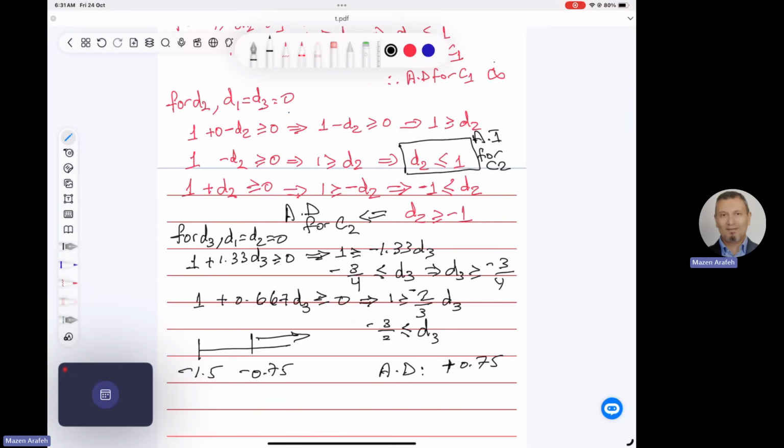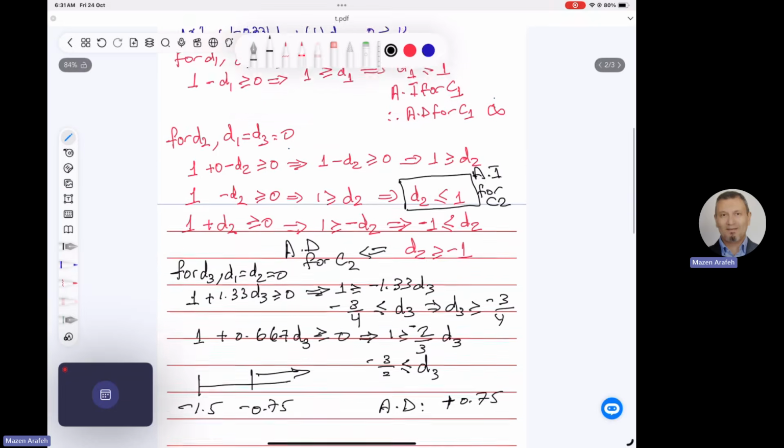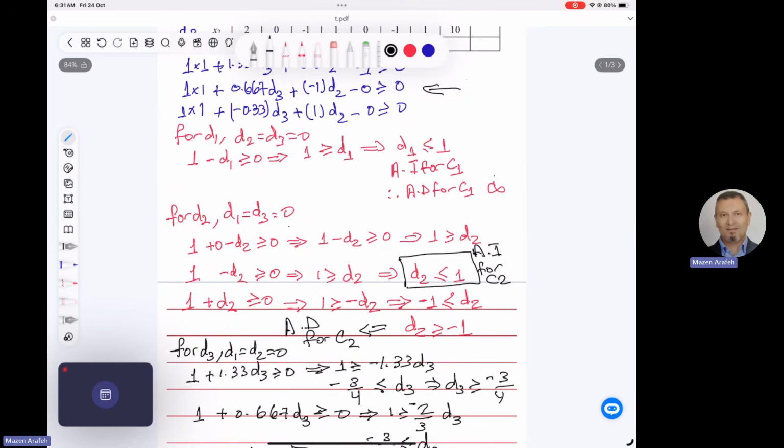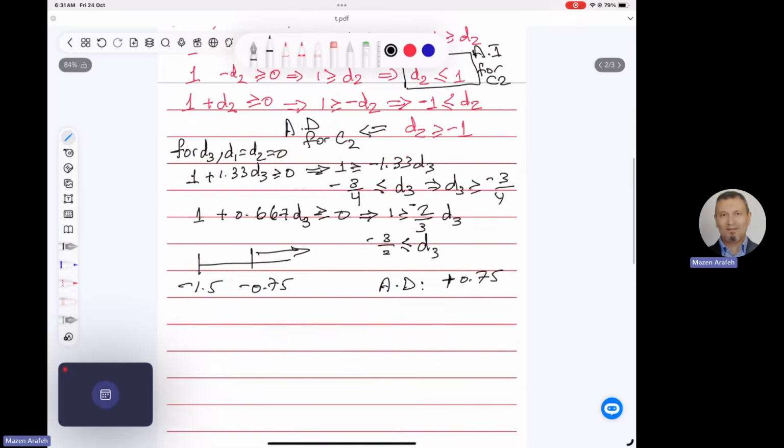Now to do the allowable increase, I think we need to go back to the third equation. From the third equation here, it is 1 times 1, plus negative 0.33 times D3 plus 1 times D2, D2 again is equal to 0, minus 0. So from the third equation, we have 1 minus 0.33 D3 greater than or equal to 0.